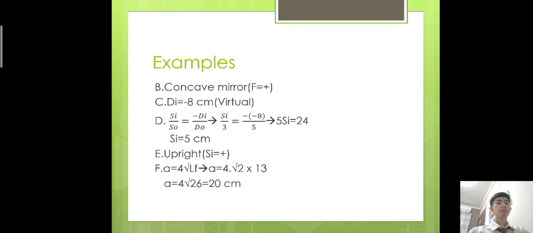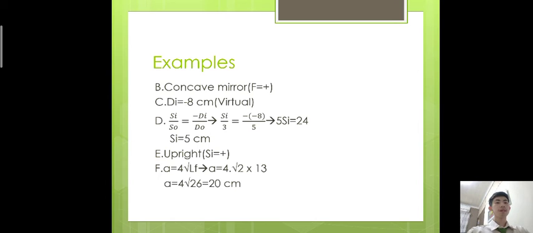We cross multiply, 5 Si is equal to 24. Si is equal to 24 divided by 5, which is equal to 4.8 centimeter. We round off to 5 centimeter. E. Upright because the size of the image is positive.